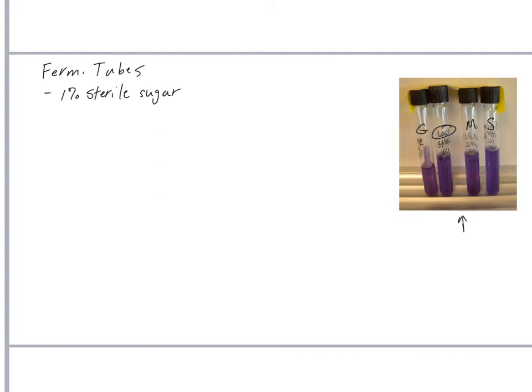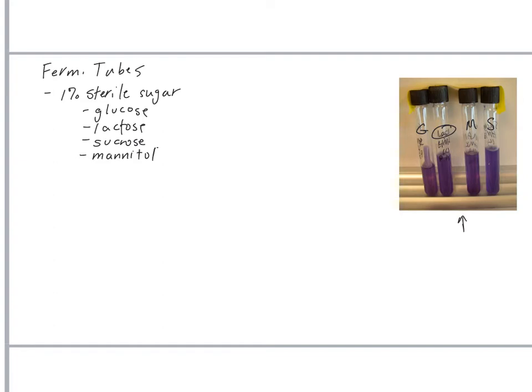So, have some way to label those when you first pick them up because they won't look any different. Okay, again, one tube has glucose, one has lactose, one is sucrose, and one has mannitol, which is a reduced 6-carbon sugar. Okay, so that sugar is added to a kind of basal nutrient medium.